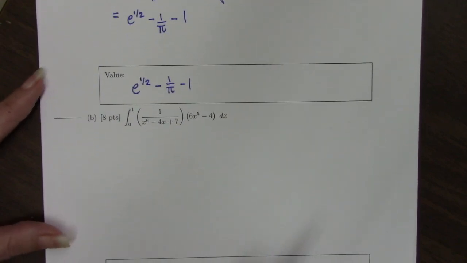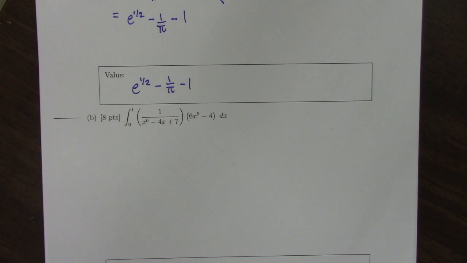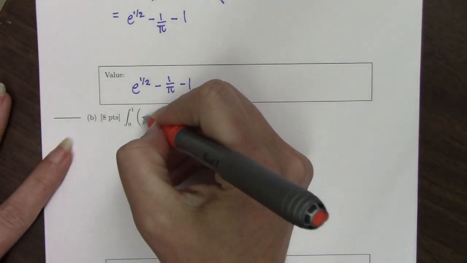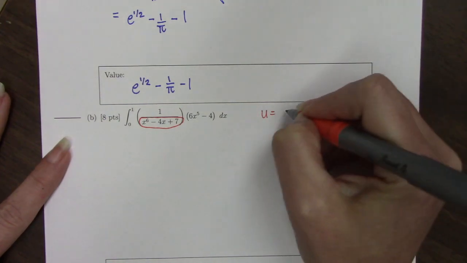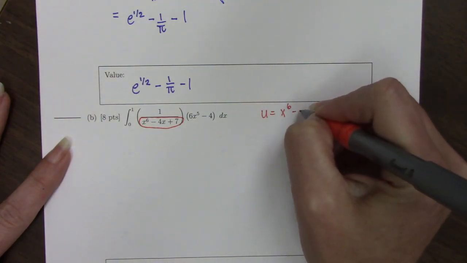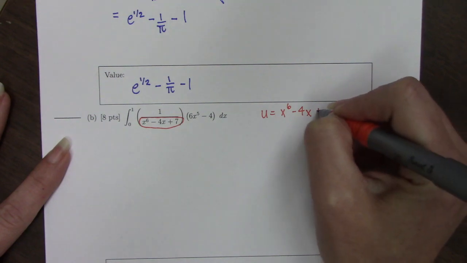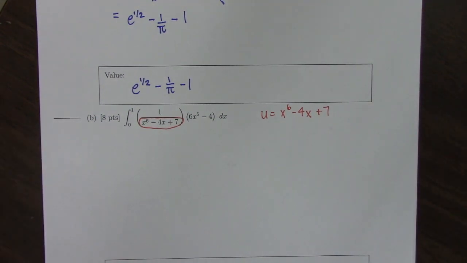The second problem is going to involve u substitution, and I'm going to try and let my denominator be u. So if we try that, we get u is x to the 6 minus 4x plus 7.